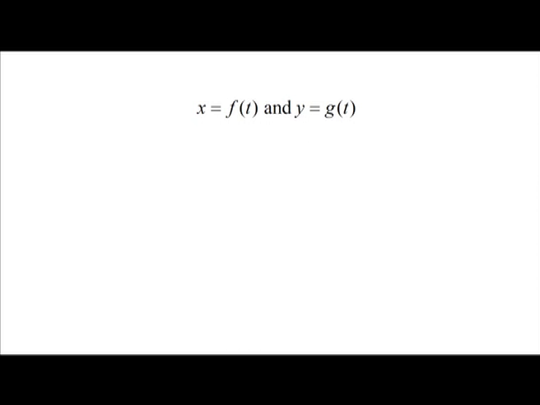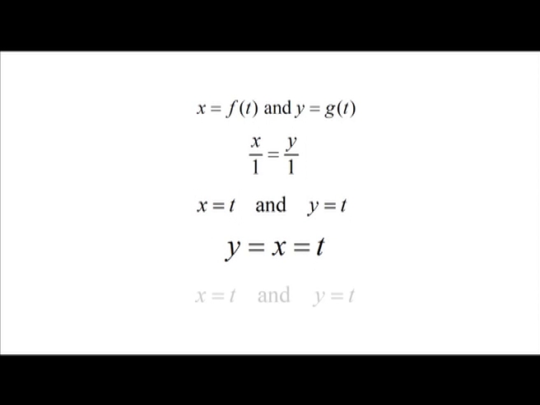To obtain such a set of equations, from equation 1 we note that x by 1 is equal to y by 1, all equal to a parameter, say t. Then x is equal to t and y is equal to t. The above set of equations can also be obtained from the Cartesian equation y is equal to x as follows. Taking x is equal to t, we have y is equal to x is equal to t, giving x is equal to t and y is equal to t as obtained above.